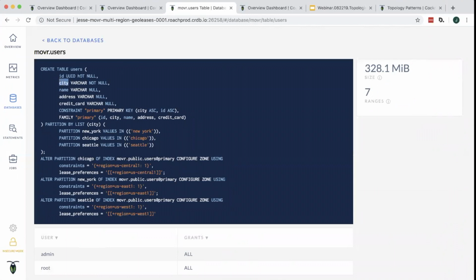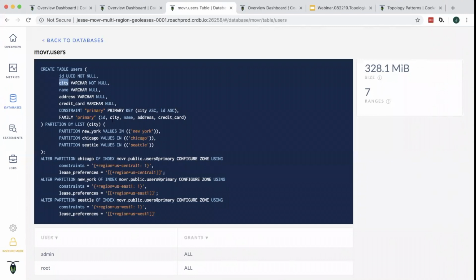So this is the table right here, but what you're going to notice is that we have actually partitioned this table. Instead of the table being known as one thing, it has been broken up into separate partitions. We have a New York partition, a Chicago partition, and a Seattle partition. And at the key value layer, this has broken up the table into separate ranges per partition.